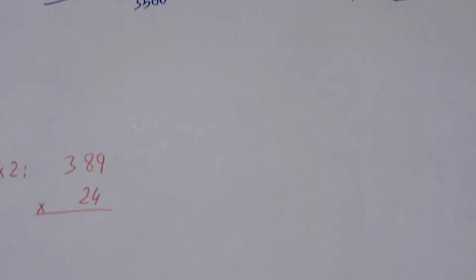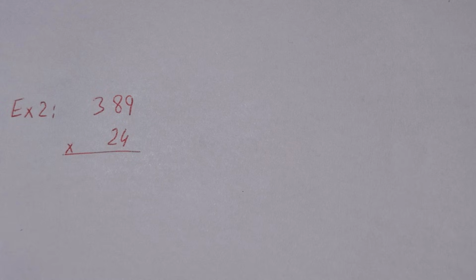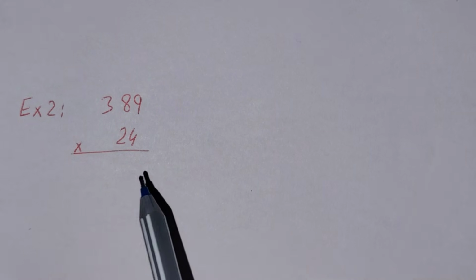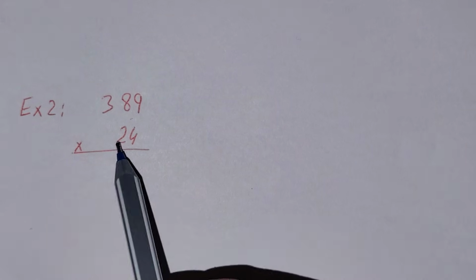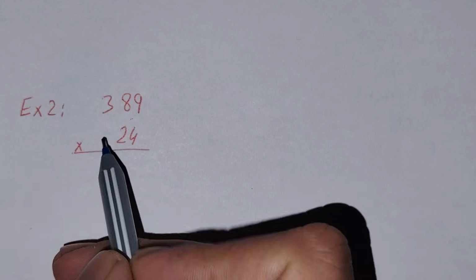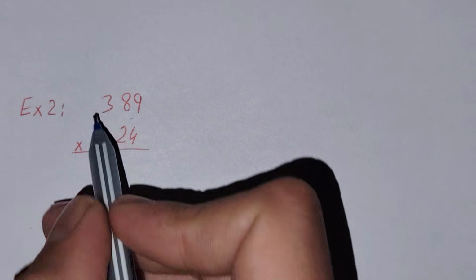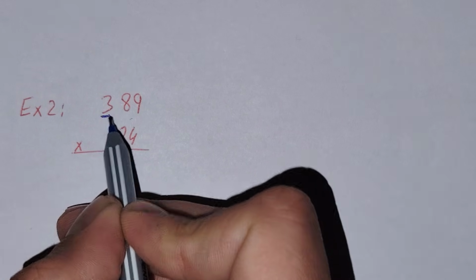Another example. For example, we have 389 times 24. Same, we will round the numbers, the factors, to the greatest place value. The greatest place value that we have here is hundreds.